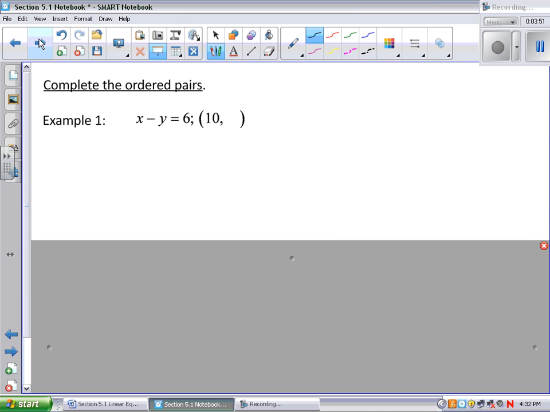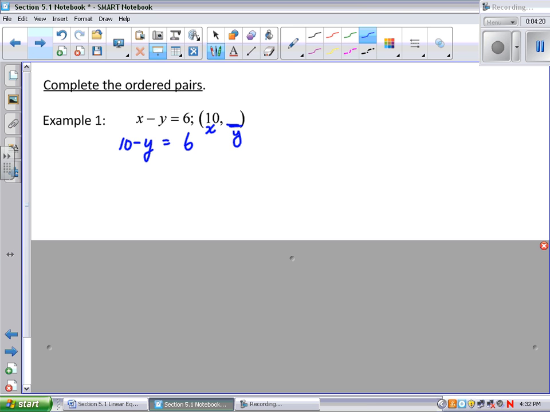Now we're going to look at how we actually complete ordered pairs. When we're given an equation in two variables, if we start off with the value of one of our variables, in this example, they're telling us x is 10 and they're asking us to find the y value, we're going to substitute 10 into our equation for x. So our equation becomes 10 minus y equals 6.